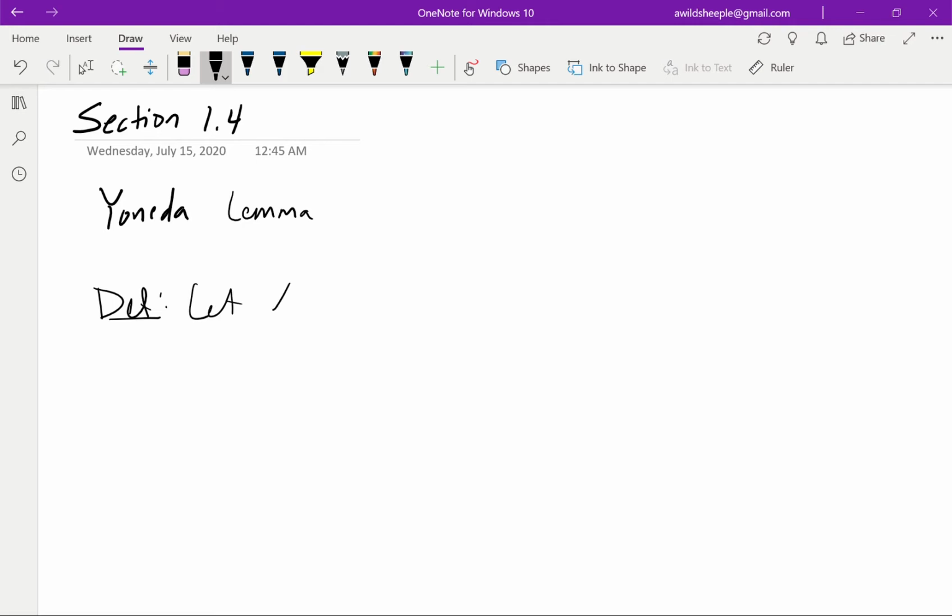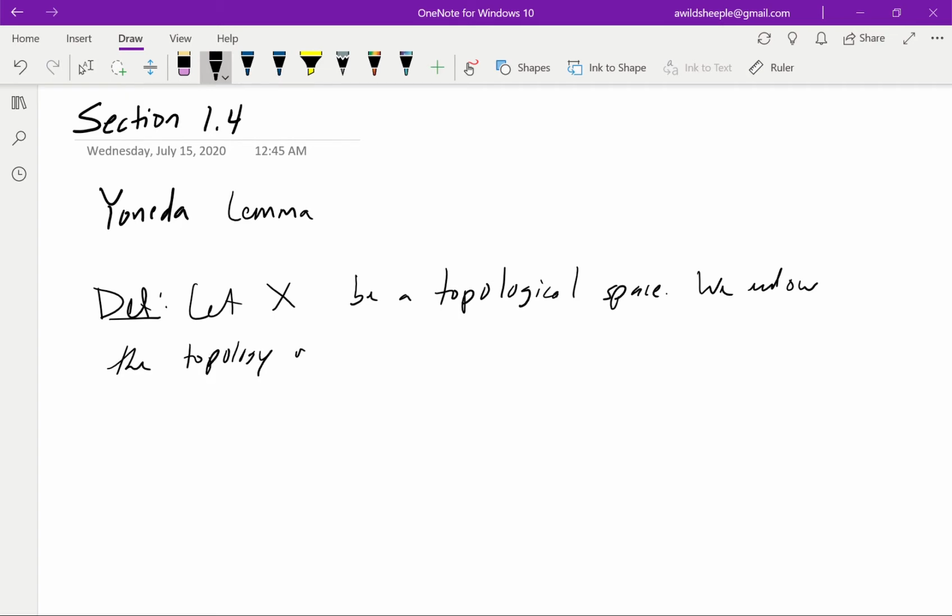So to do that, we let X be a topological space, and a presheaf is something we're going to put onto X. So we take the topology on X, and we give it the structure of a category in the following way.